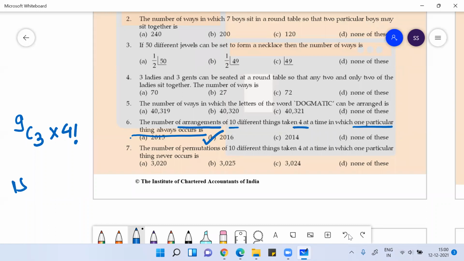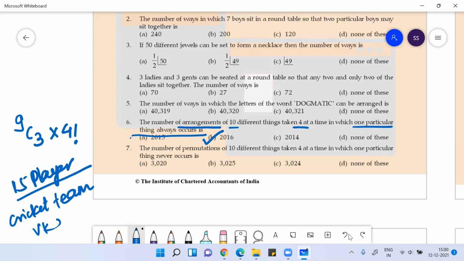Are you getting me? From 15 players, if I ask in how many ways you can make a cricket team with Virat Kohli as captain, it means from 14 players you have to select 10 players.